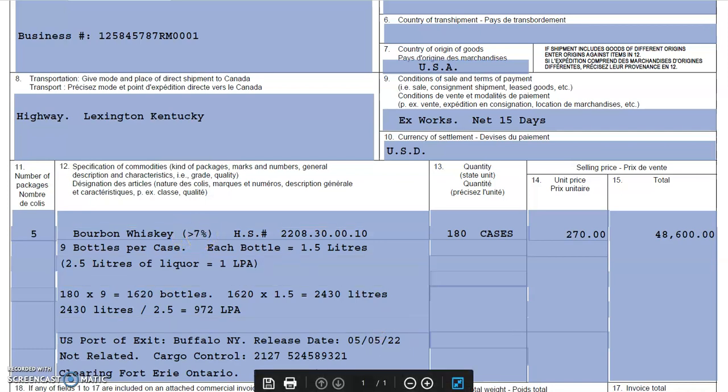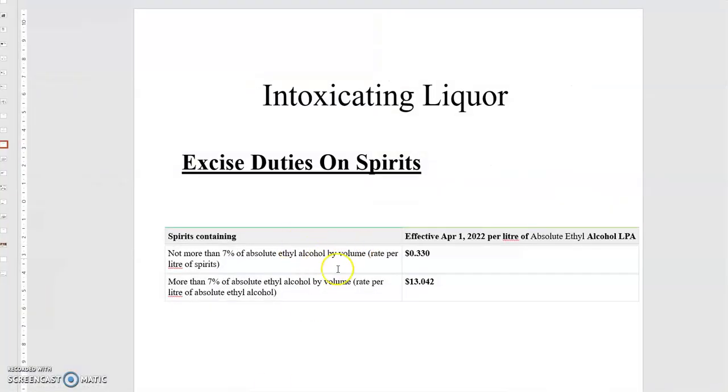Remember when we talked about intoxicating liquors, there's a rate for excise duty that is less than 7% of absolute ethanol alcohol.